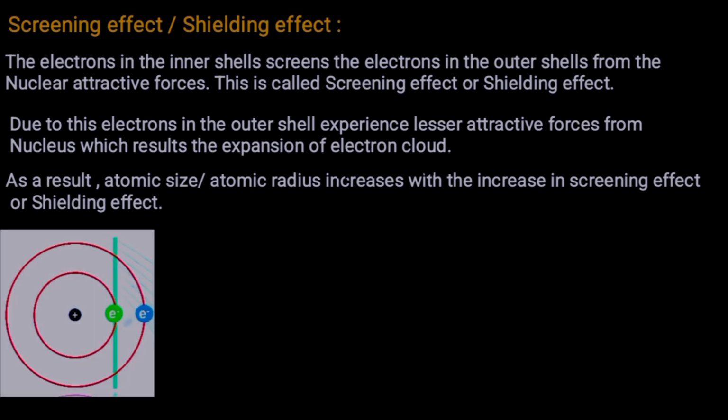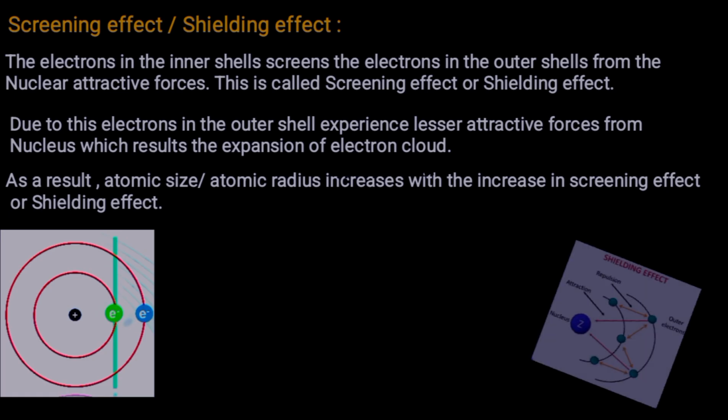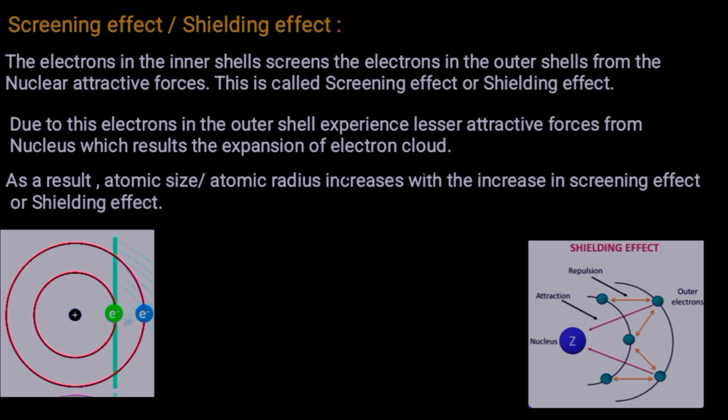You see this picture, this green line, whatever we have shown, is the inner electron based concept, and the blue dot is the outer electron. Another picture, if you see the screening effect, we have Z, the nucleus, and the outer electrons are shown, inner electrons also shown.